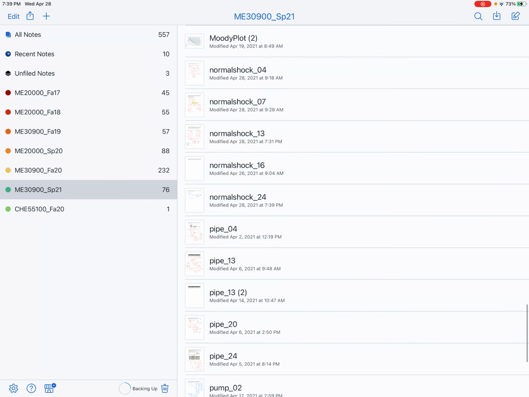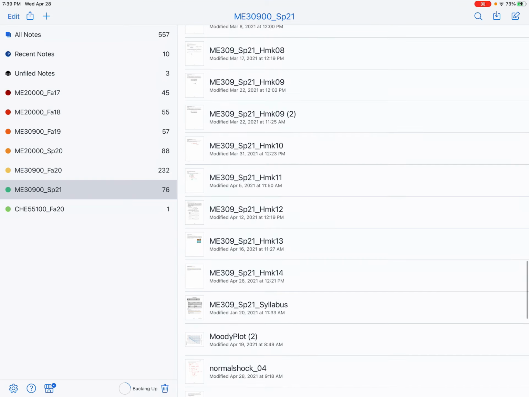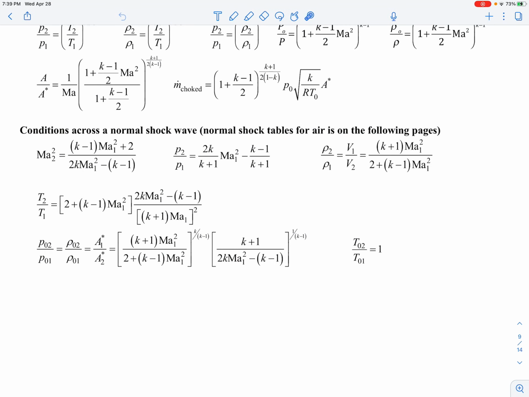This must be entertaining for you to watch me scroll through here to try to find the formula. I'm going back and forth. There it is. Okay, so T2 over T1 is this expression. I'm not going to write that down, but you get the idea. You can plug in the Mach number at 1, and you can get T2 over T1.